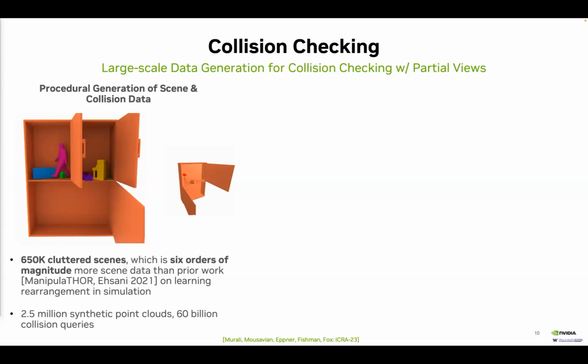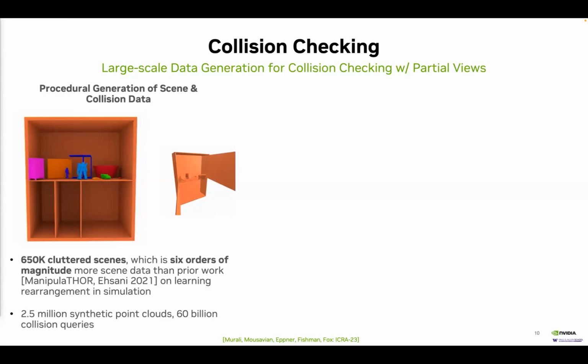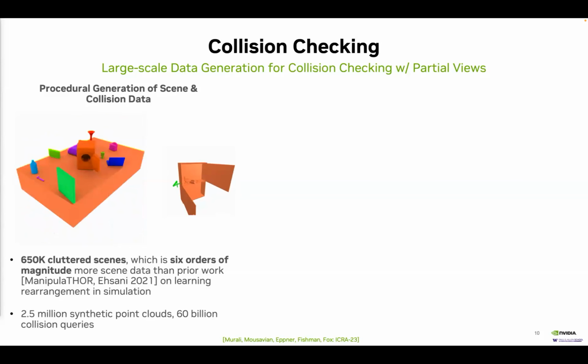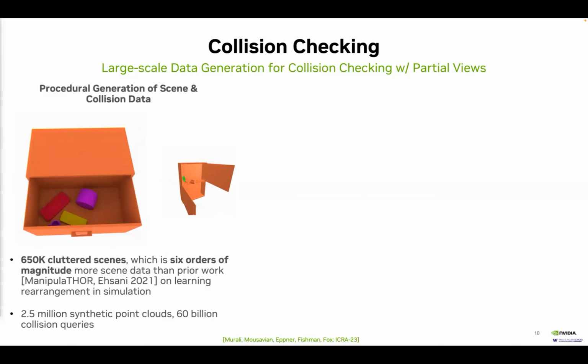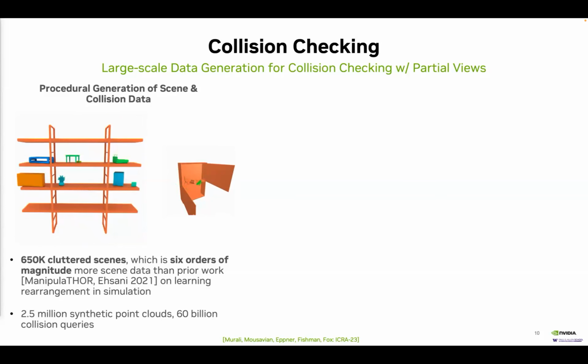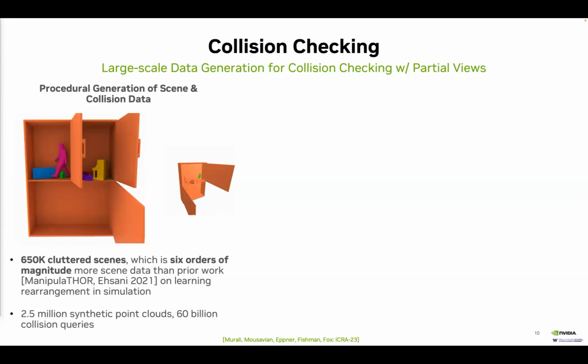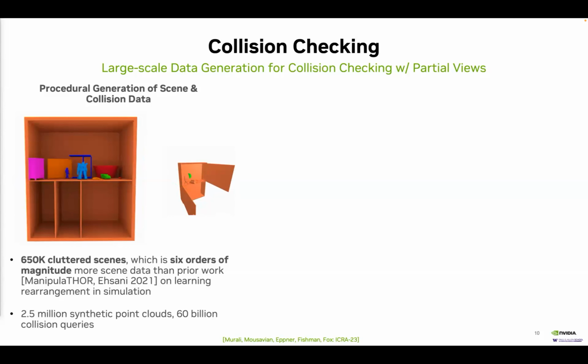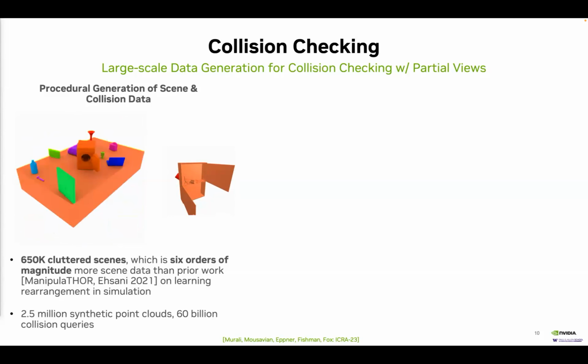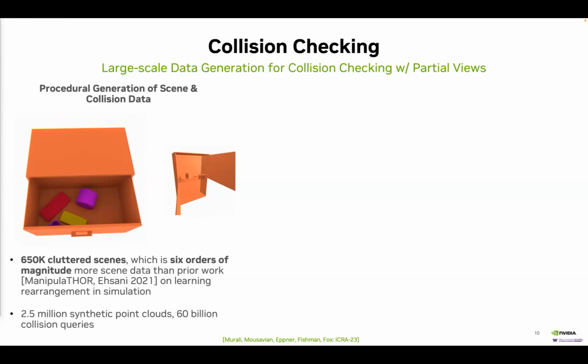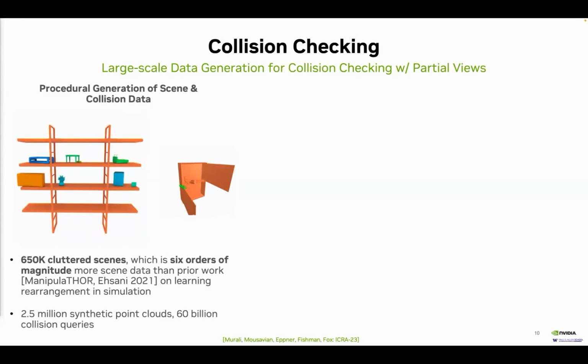And rather than going the route of training a network to do a completion of the scene, we said, let's just train a network that checks for collisions, right? Where again, the idea is we're trying to train components that are driven by these tasks rather than first explicitly modeling the scene.